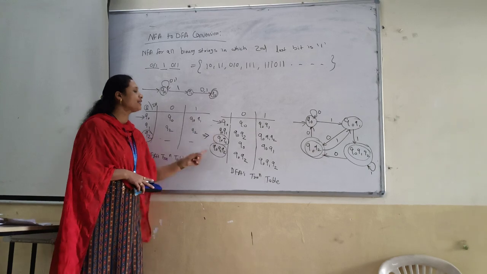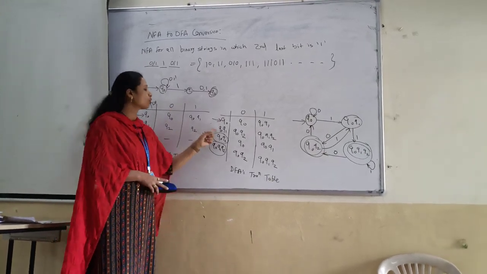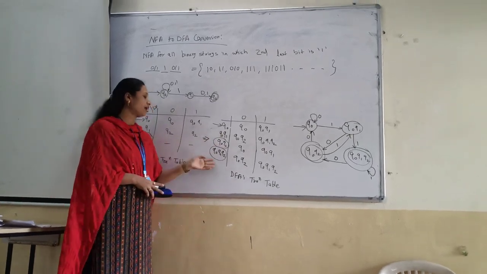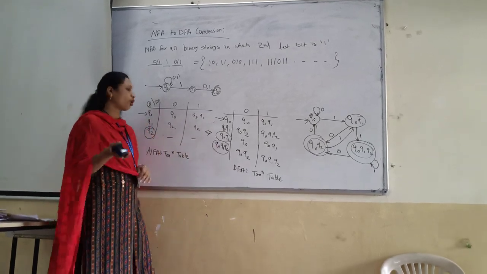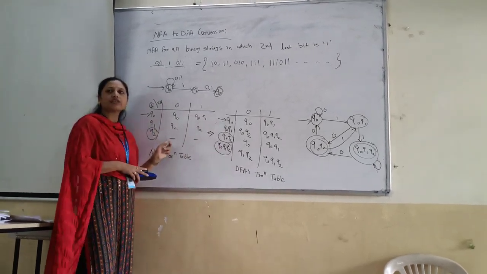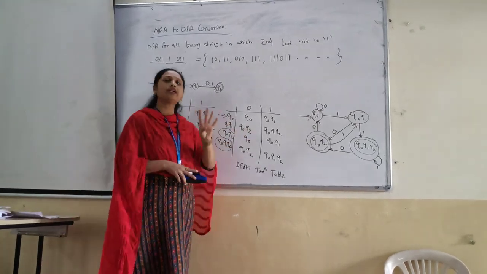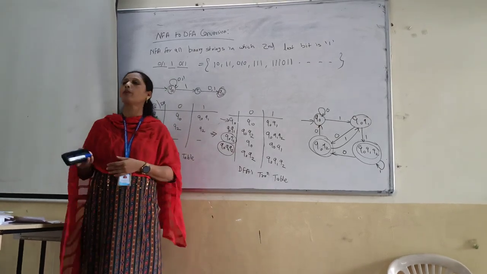So how many states do you have here? 4 states. Q0 is one state, Q0, Q1 is another, Q0, Q2 is another, and the last one is Q0, Q1, Q2. In the NFA diagram we have 3 states, and in this diagram we have 4 states. So in a DFA you can have a larger number of states.